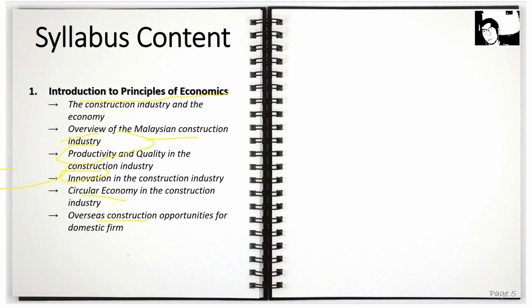This also has a positive impact on our national economy, because when more firms venture abroad and get involved in international projects, they will bring a positive impact to our national economy. So that's the first topic of our subject.